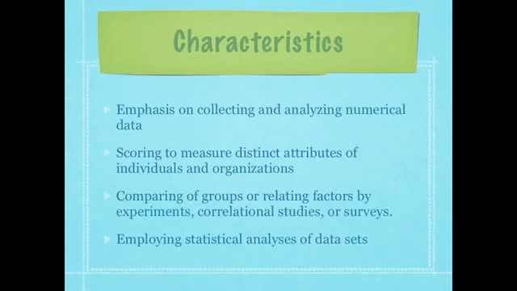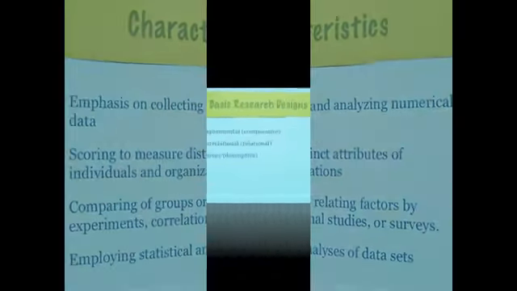Then we have comparing of groups or related factors by experiment, correlational studies, or surveys. Now, I'll talk about those in just a moment. And then employing statistical analysis of data sets. Statistical analysis takes numbers and works those numbers over.